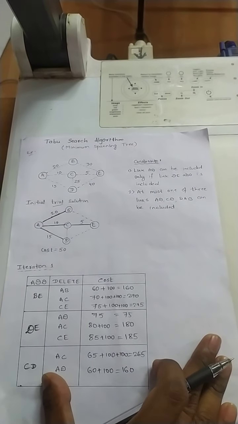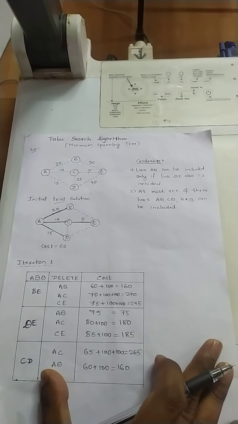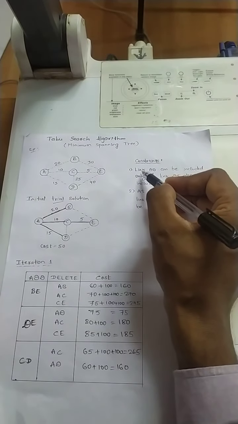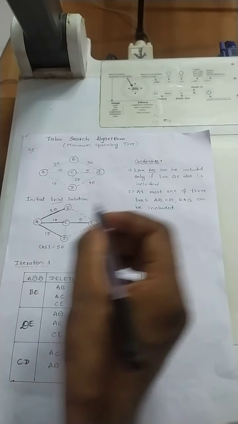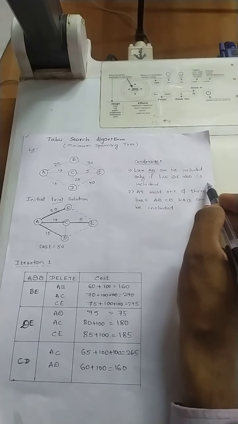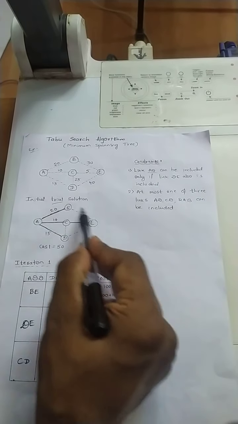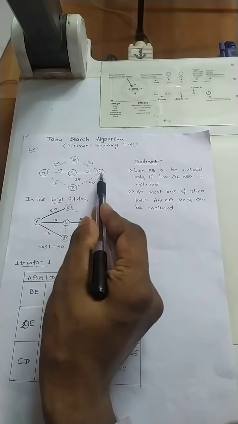But at the same time, for this particular problem there are two constraints. The first constraint is that link AD can be included only if link DE is also included. That is, in our solution, AD cannot exist without DE.